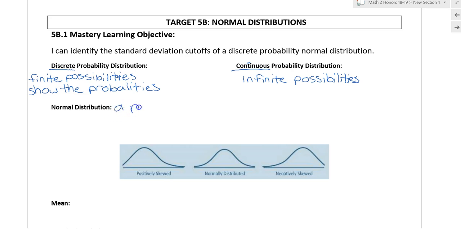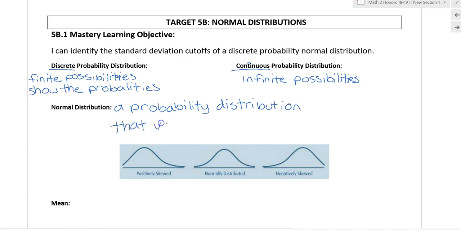So this is a probability distribution that varies normally. A lot of things that we measure in nature vary normally.